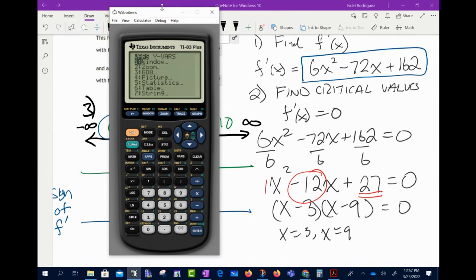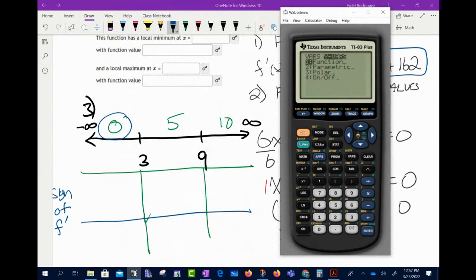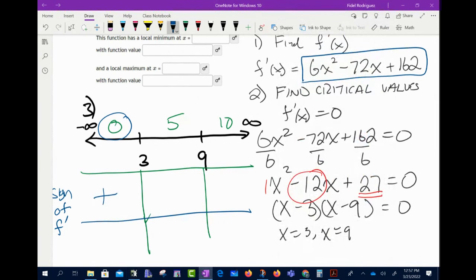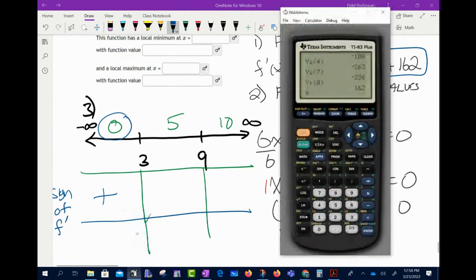Okay, I'm going to go to my y vars. And we're going to evaluate our function at each of those test numbers, y'all. So the first one we're going to do is going to be at 0. So positive. The derivative is positive, right? All I'm interested in is the sign. Okay, so again, if you notice, all I did is say, what's y of 0?